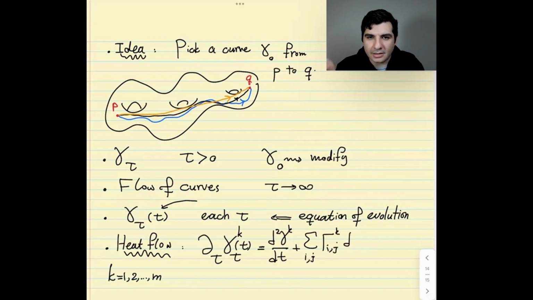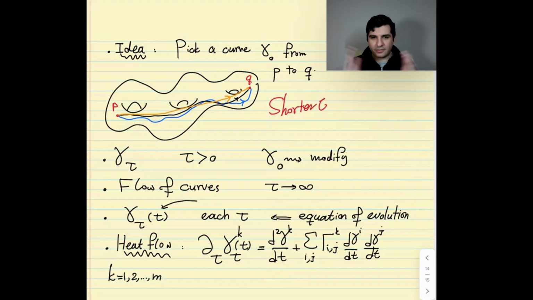On the right-hand side, I exactly have what we had as the geodesic equation. So the second derivative of gamma k with respect to t plus the sum of Christoffel symbols times the derivative of gamma i with respect to t, times the derivative of gamma j with respect to t. So the right-hand side is the equation that we said if it's equal to 0, your curve is a geodesic. I just put that on the right-hand side.